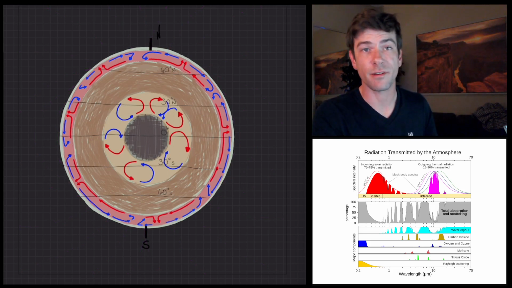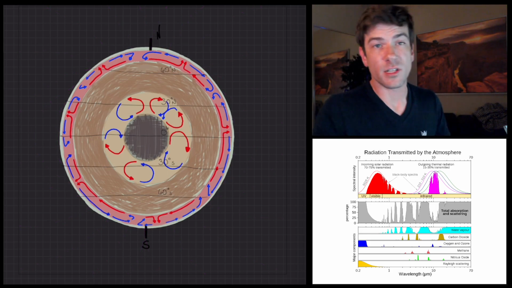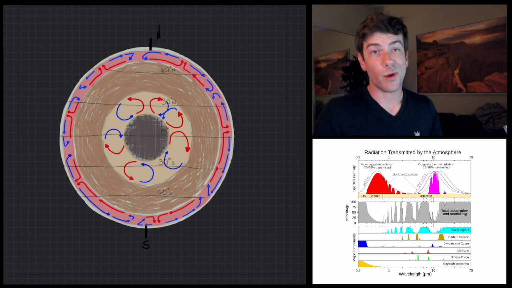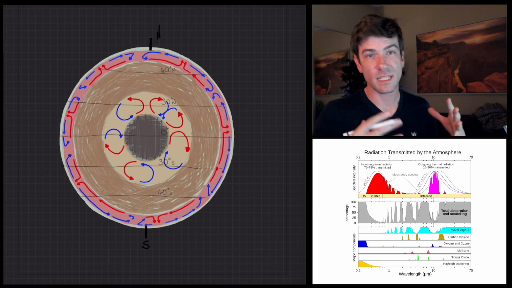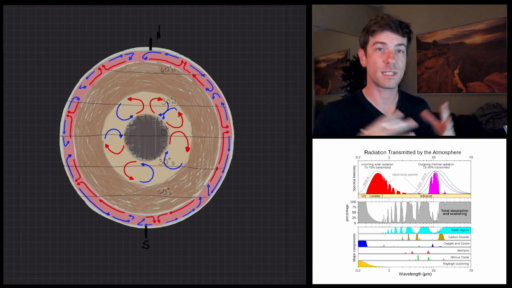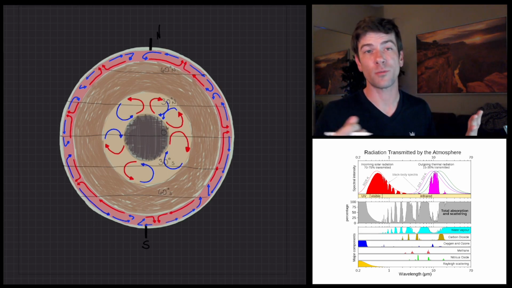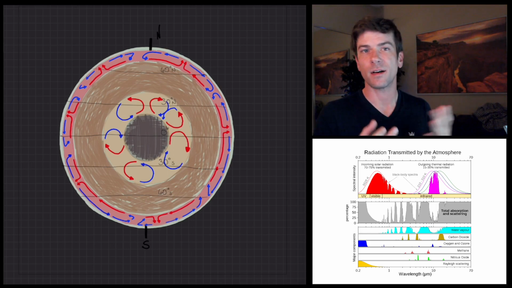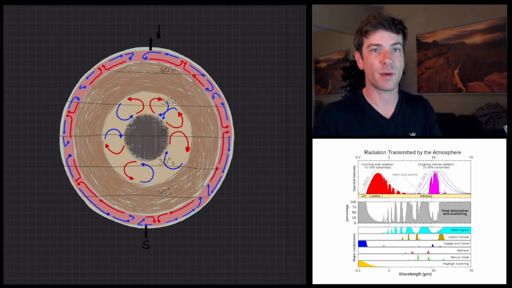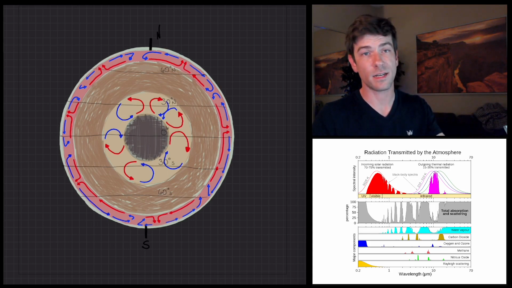There's a lot of heat being generated through radioactive decay, primarily, inside of Earth's interior. And that heat wants to get out because outer space is cold. Just like if you put one end of a metal rod into a fire, it's going to get hot all the way up the metal rod.